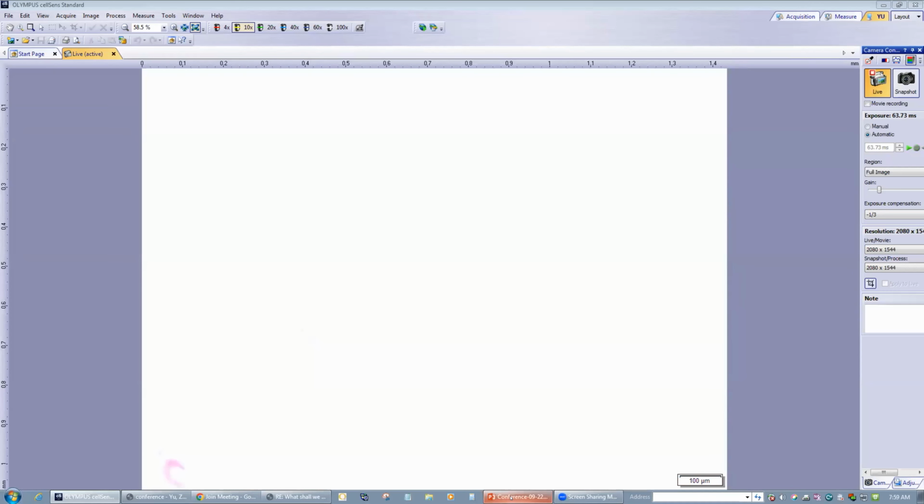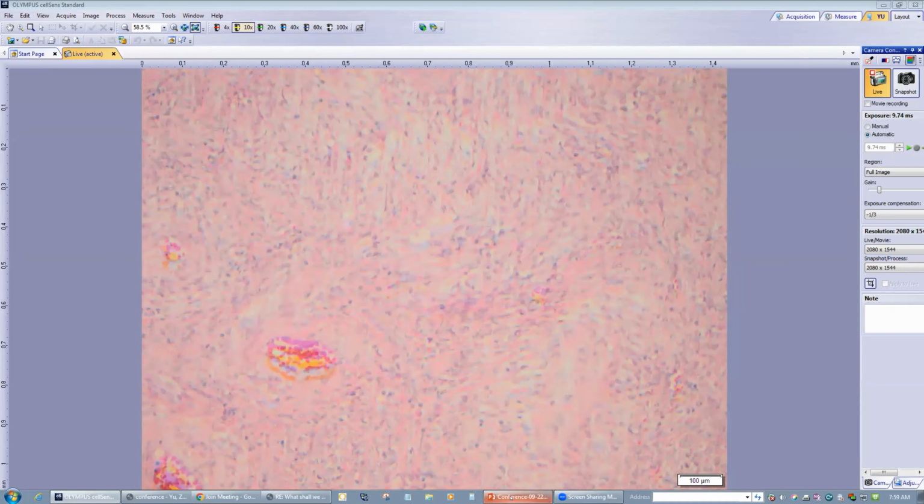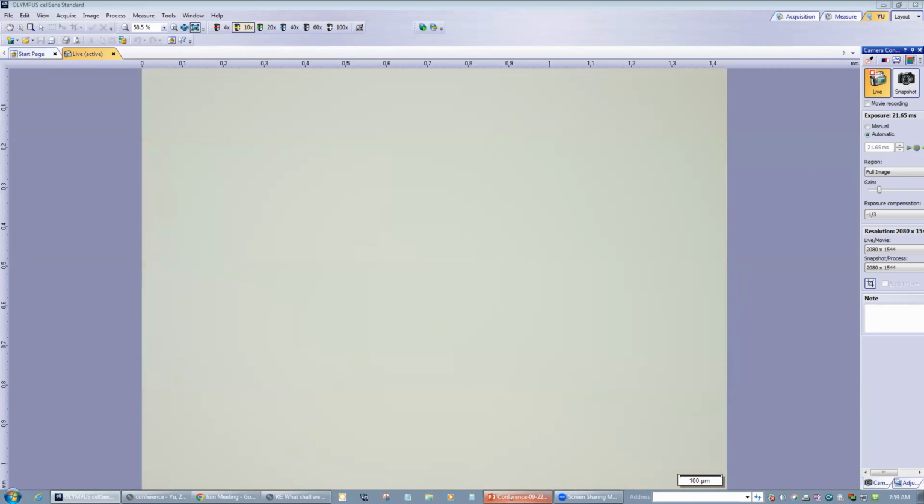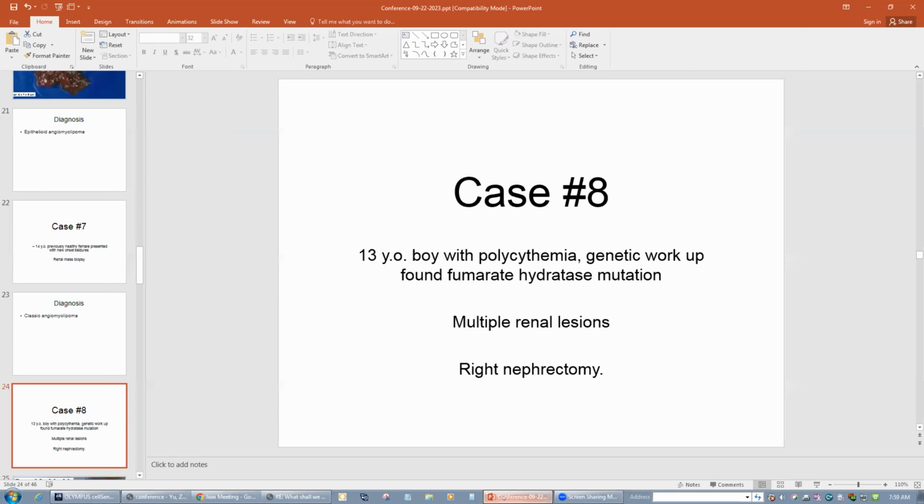This one is more spindle cells, that's the myo part. Angiomyolipoma, this classic type. Sometimes they have compression of other areas, so they do a partial nephrectomy. I think that's this one. And let's go to the last one.